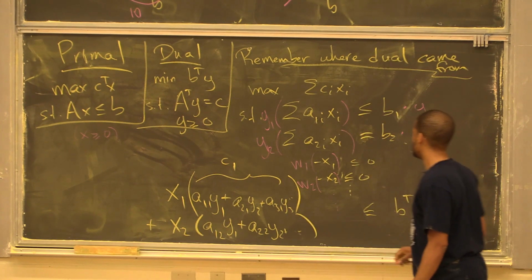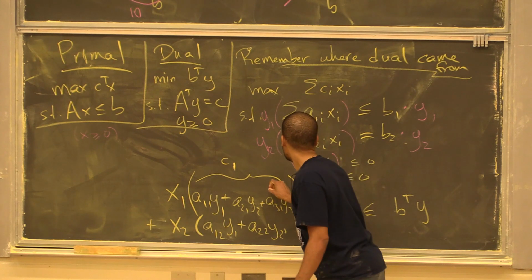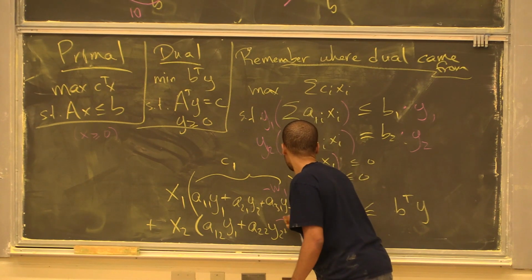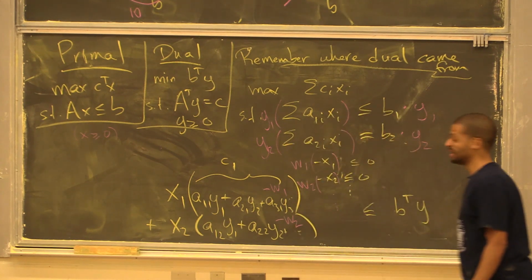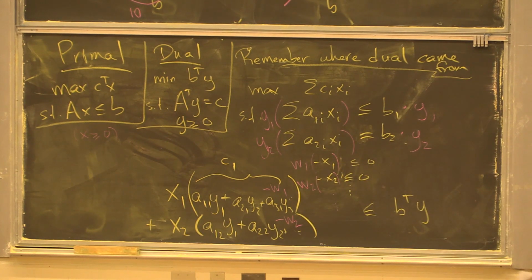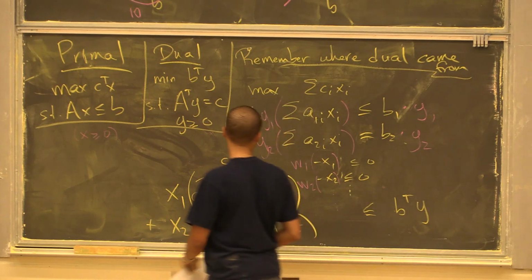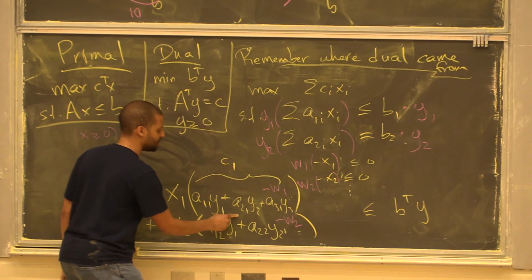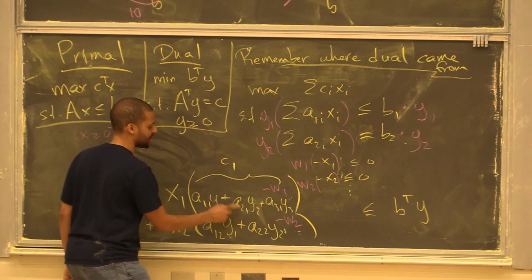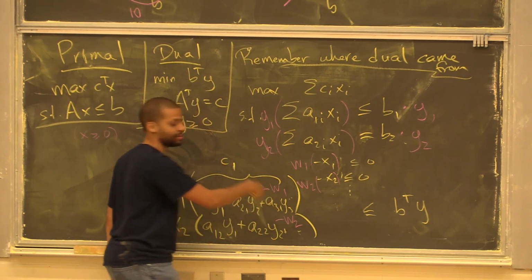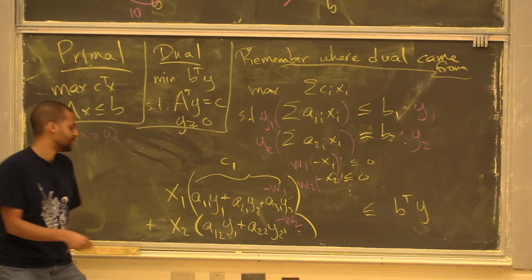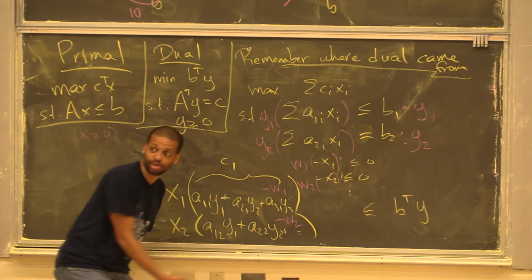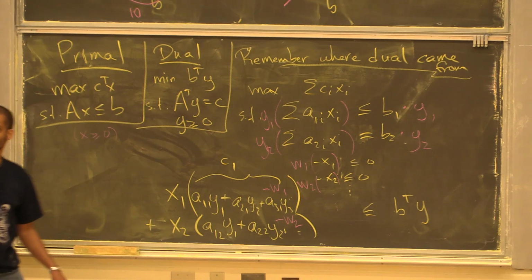So here we would have minus w1, here we have minus w2, etc. And what I'm saying is that a11y1 plus a21y2 plus minus w1 has to equal c1. a12y1 plus a22y2 blah, blah, blah, minus w2 has to equal c2.